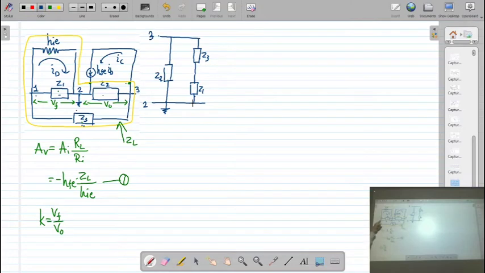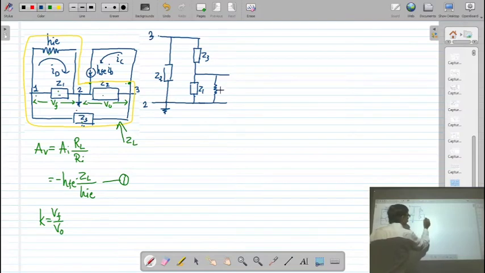Then the second end of the Z3 is connected to Z1 and then it is connected to ground. Now the Z1 is connected parallel to the HIE. So here the HIE is also there. This is my HIE. Okay? So same thing I have drawn in a different way so that you can easily understand.